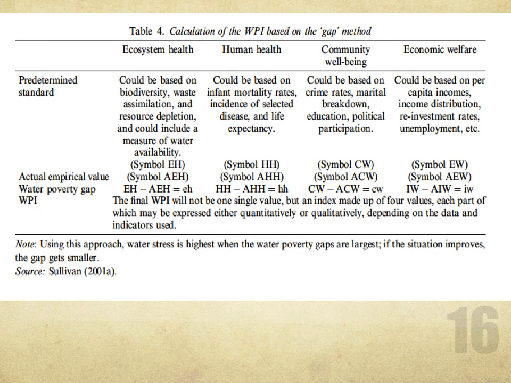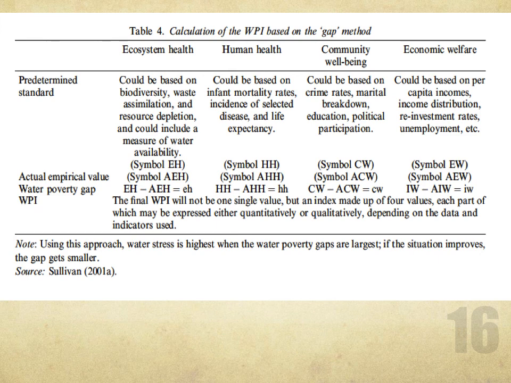So she says in the note, which is very important, using this approach water stress is highest when the water poverty gaps are largest. If the situation improves, the gap gets smaller. So that's what her experimentation with the gap method and combining it with WPI could produce.